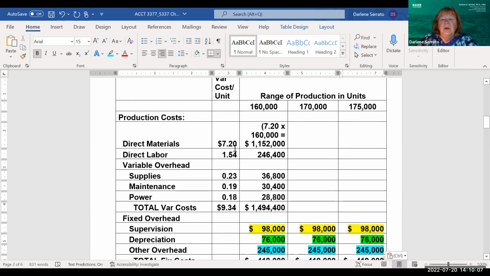So now $7.20 times 170,000 units is going to give us 1,224,000. The direct labor cost is going to be 261,000.